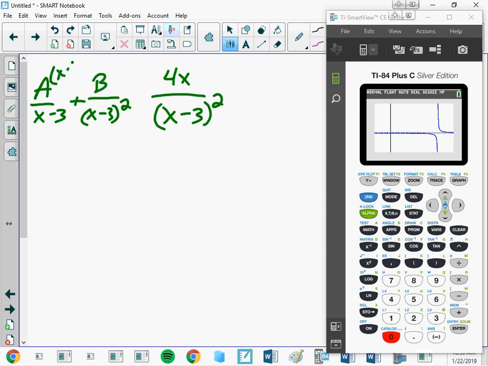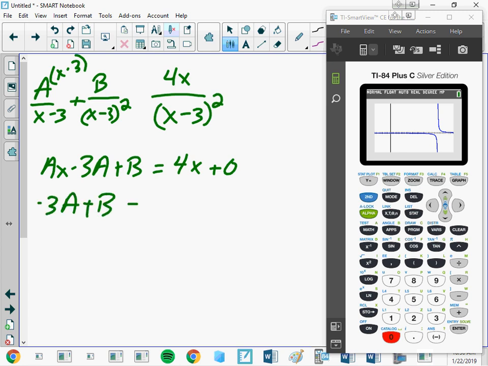This one needs an x minus 3, so I get Ax minus 3A plus B equals 4x plus 0. So I'm going to pull out my constants. Negative 3A plus B equals 0. And then pull out the x's, and I get A equals 4. I could plug that into my matrix, but I don't need to, because I know A is 4.